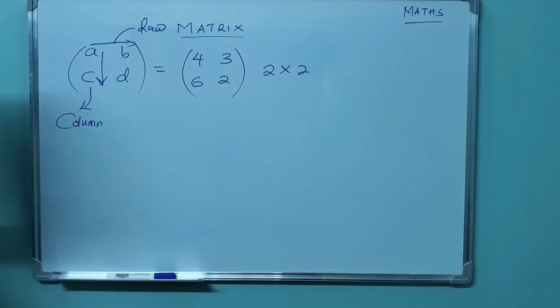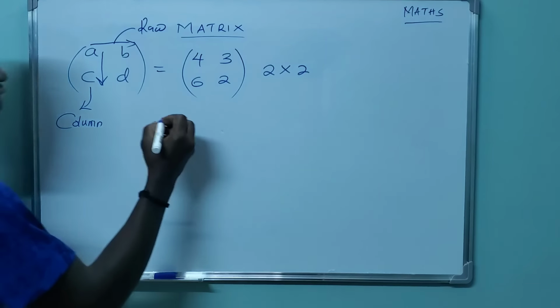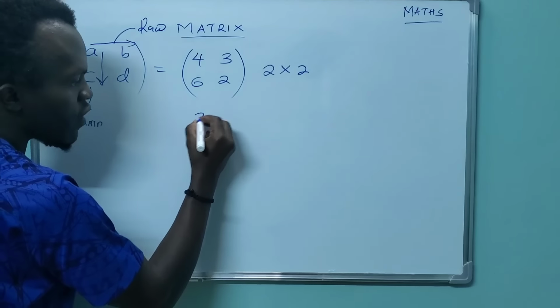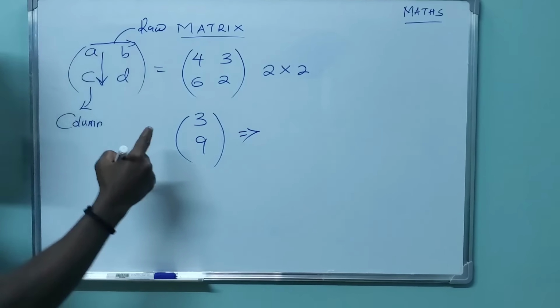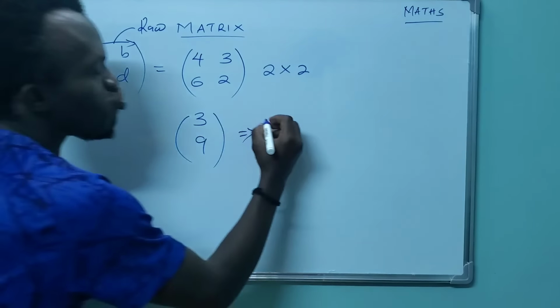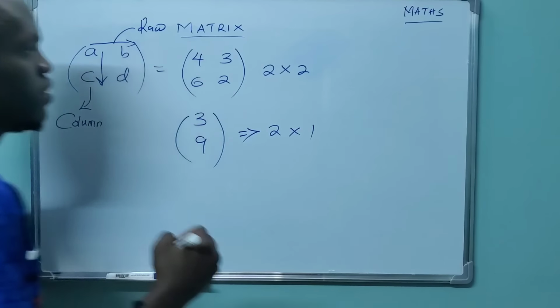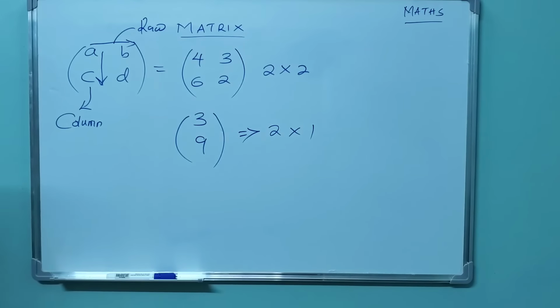Another type of matrix we can have looks like this: 3, 9. This is also another type of matrix. We call it a 2 by 1 matrix. Why do we call it a 2 by 1 matrix? Because it has 2 rows and 1 column.